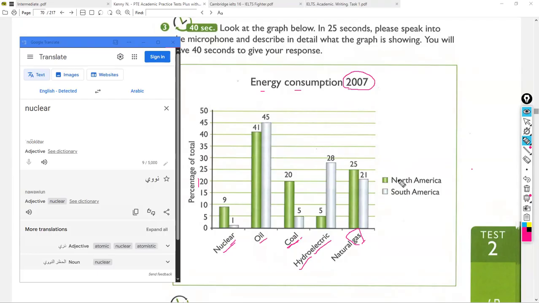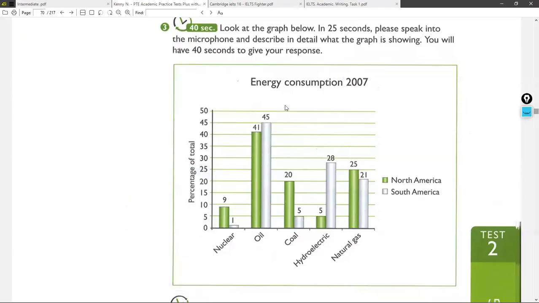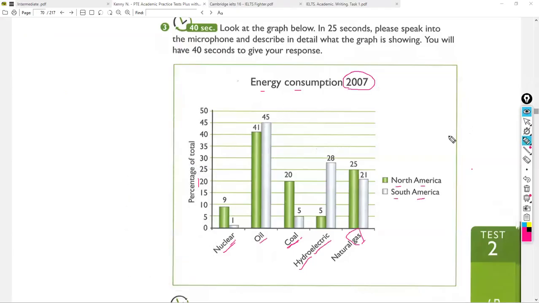I have two areas: North America and South America. So it is really important to fully understand the image, Ali. Now, is the image clear, or do you need me to explain more about this image? Yeah, if you can just explain.